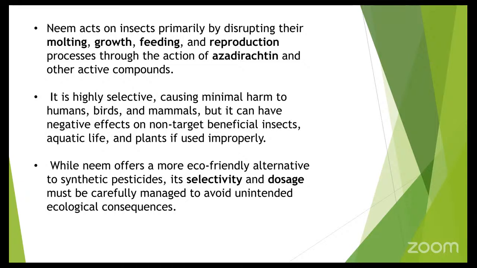So while neem offers a more eco-friendly alternative to synthetic pesticides, its selectivity and dose must be carefully managed to avoid unintended ecological consequences. Neem and neem products are non-toxic to warm-blooded animals, though, and have been used as a medicine for generations in India. The seed kernels or whole fruits or leaves of Azadirachta contain compounds of high toxicity to mammals like aflatoxins.